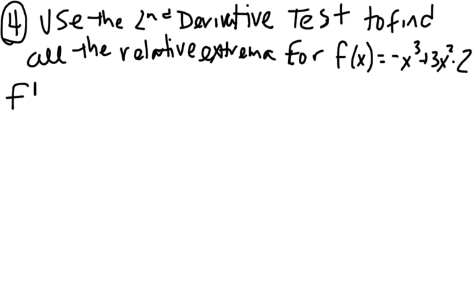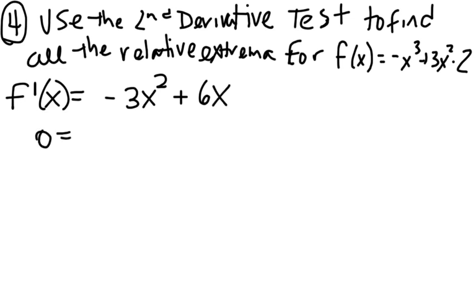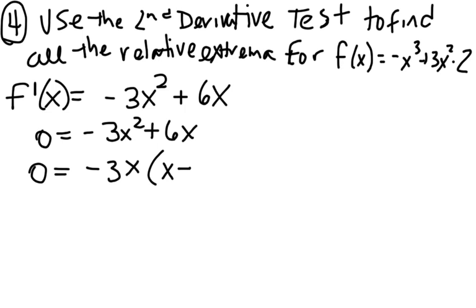So f prime of x will equal negative 3x squared plus 6x. That is never going to be undefined. If I set it equal to 0, there is a greatest common factor here, negative 3x times x minus 2, which gives me x equals 0 and x equals 2.